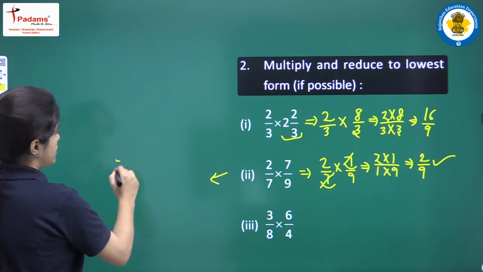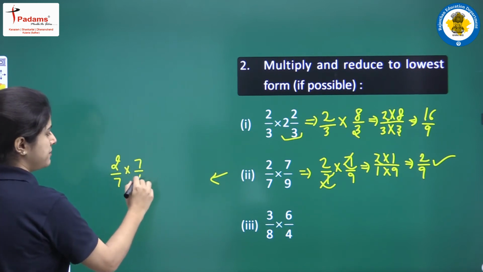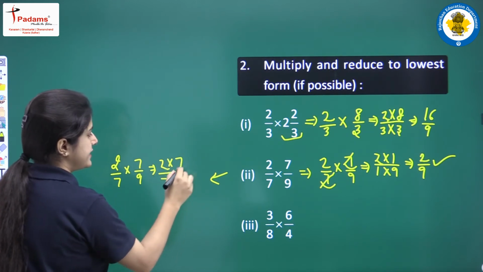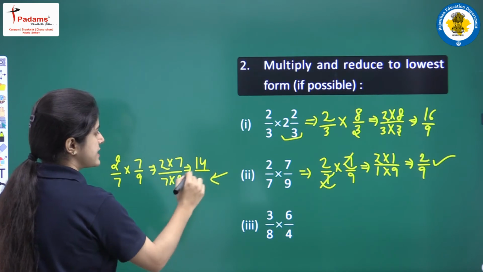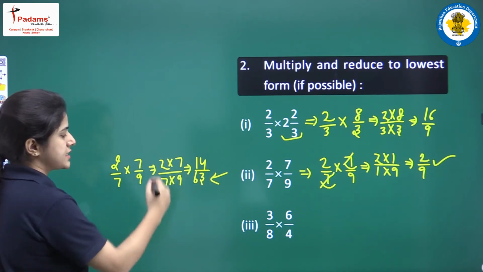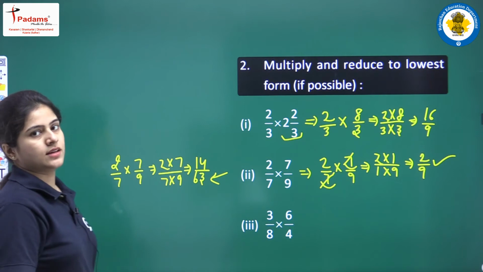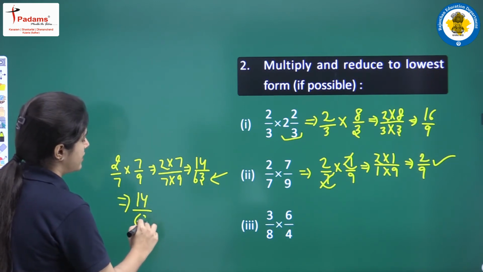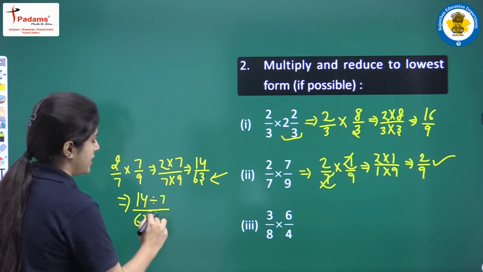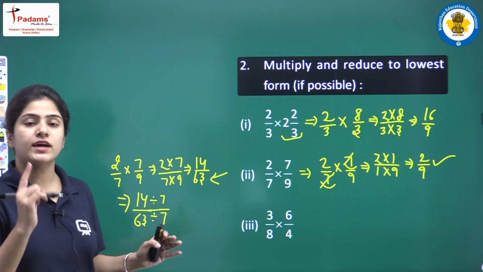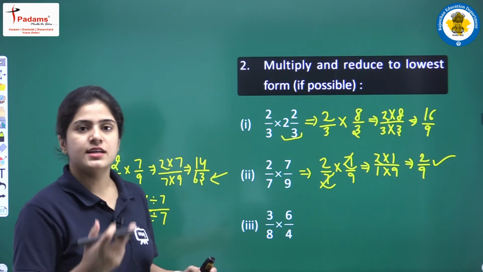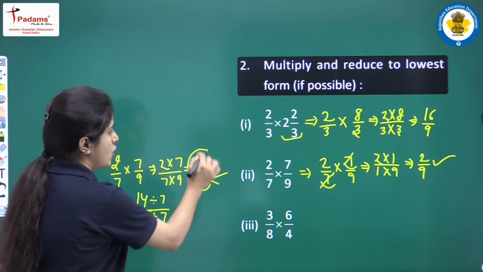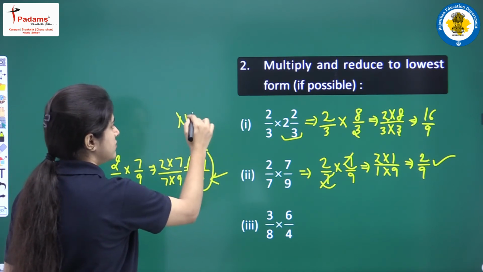Also students, 2 upon 7 into 7 upon 9, this is 2 into 7 upon 7 into 9. In this, clearly this is 14 and this is 63. Now students, you can clearly divide the numerator and denominator by the table of 7, because they have one thing in common, that is 7. They both can be divided by 7, so it is not in the lowest form.